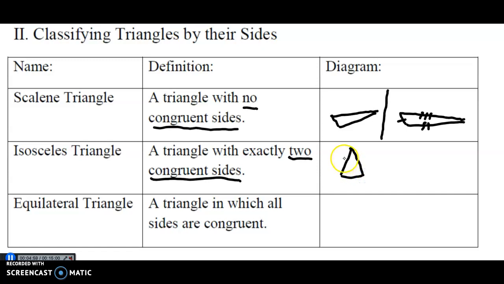You'll see tick marks of the same number on those two sides and then nothing on the third side. So when you look at this, you say, oh, those two must be congruent to each other. The other way that you might see it is single tick marks on the sides that are the same and then a non-matching one on the third side.